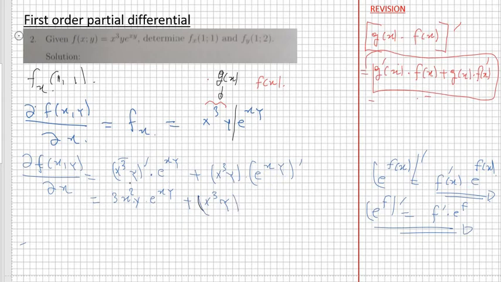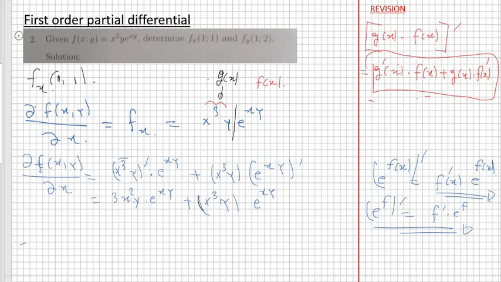So now here we have to derive this function with respect to x, meaning that we treat y as a constant. All you do is first repeat the function that we have, which is e to the power of xy.